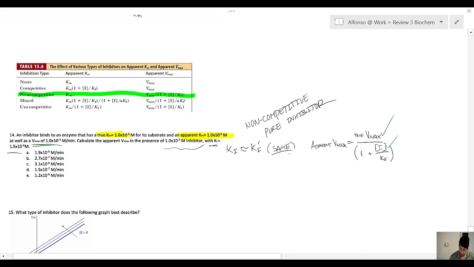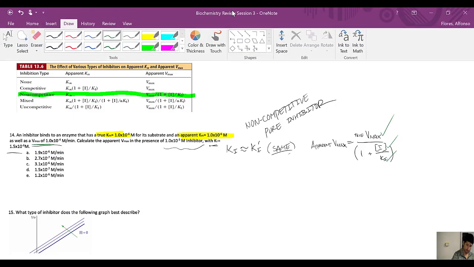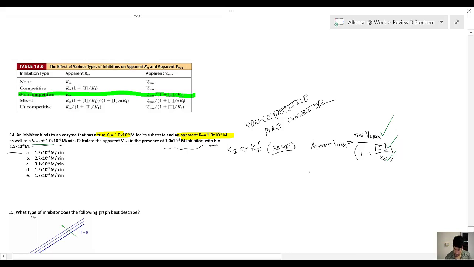And we know the amount of inhibitor, and we know the Ki. So we've got everything that we need to be able to solve this problem. So the apparent Vmax is equal to the true Vmax, which is 1.0 times 10 to the negative 4th molar per minute.